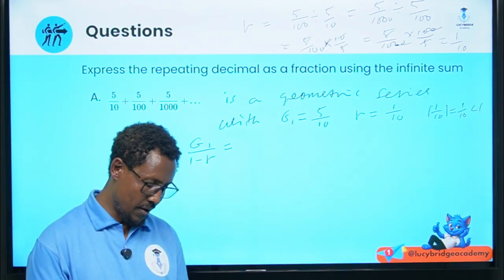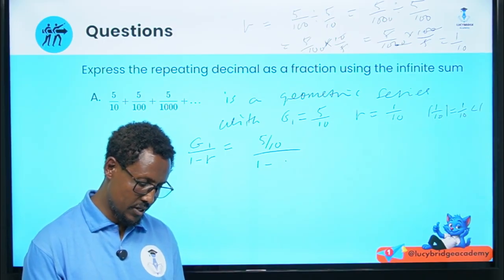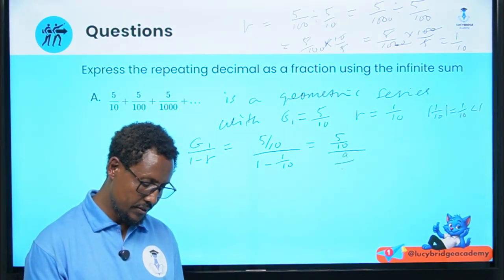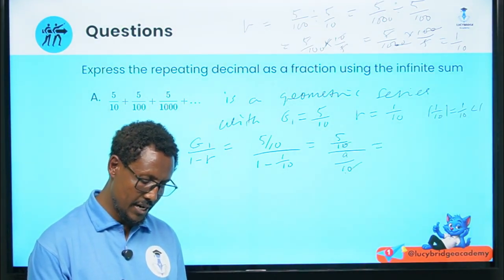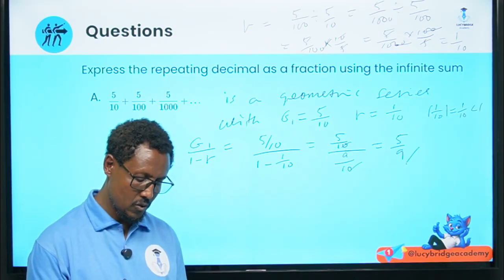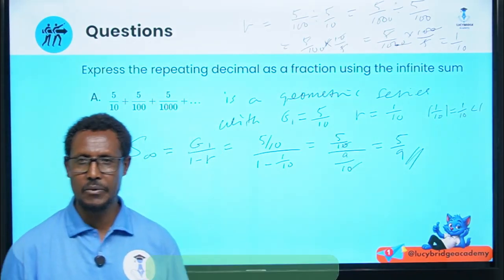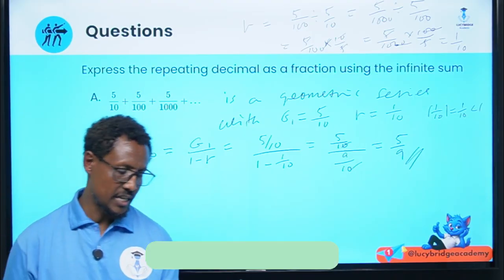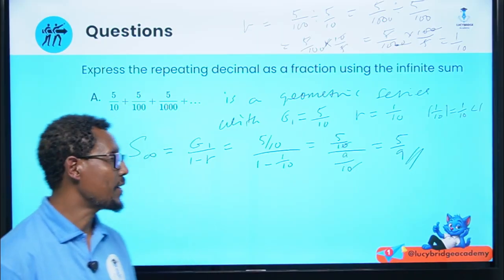Now, how much is G1? 5 over 10 over 1 minus R. R is 1 over 10, which means 5 over 10 over 9 over 10. 10 by 10 cancel, which is 5 over 9. So this is the sum of the infinite geometric sequence, or the series, it is a convergent series, okay. It converges to 5 over 9.